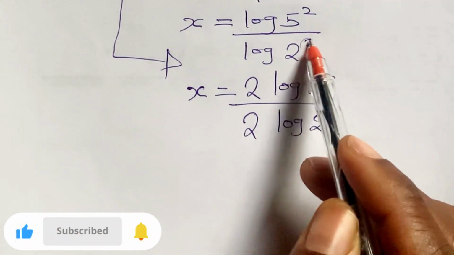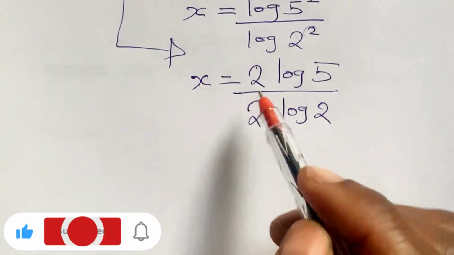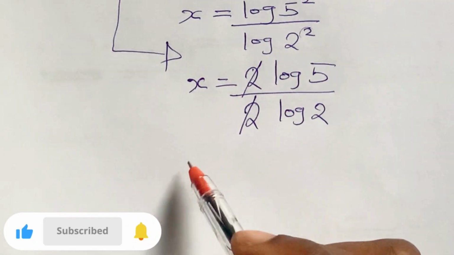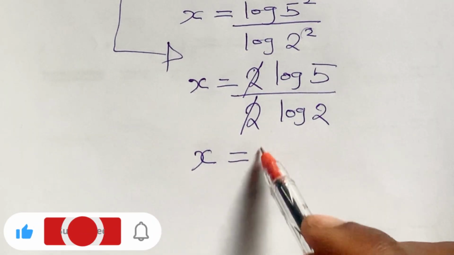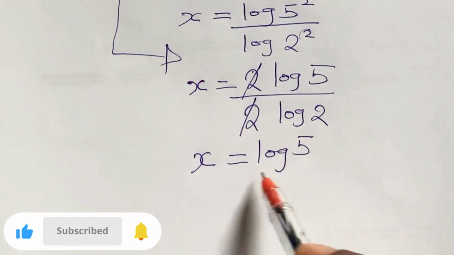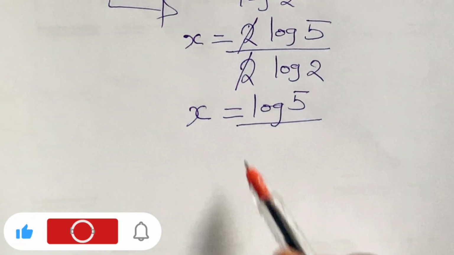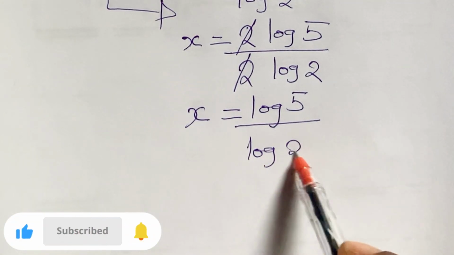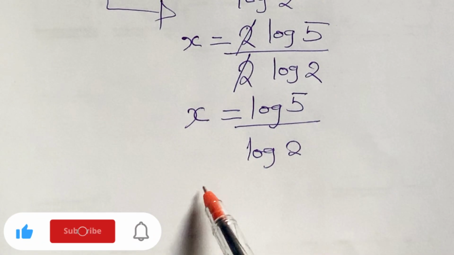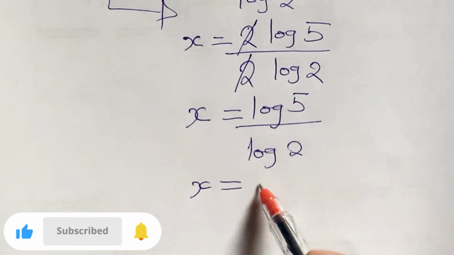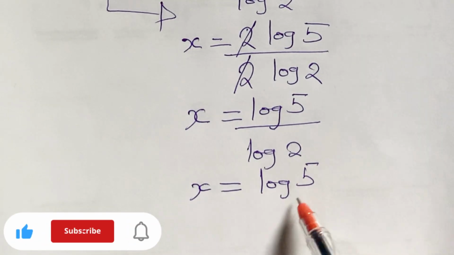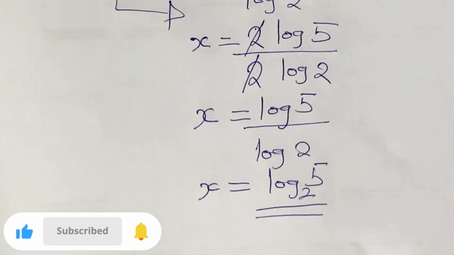Now you see that these 2s came to the front. We can cancel out these 2s, giving us x is equal to log 5 over log 2. So if you do a change of base, we have that x is equal to log 5 base 2 as our final answer.